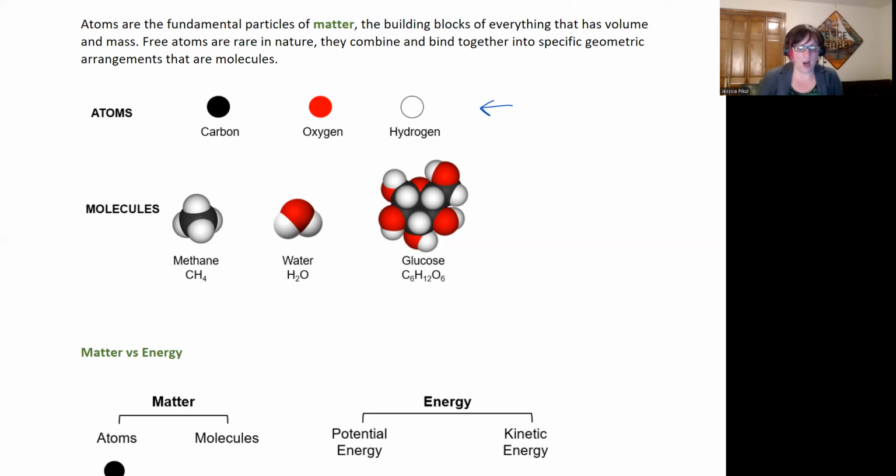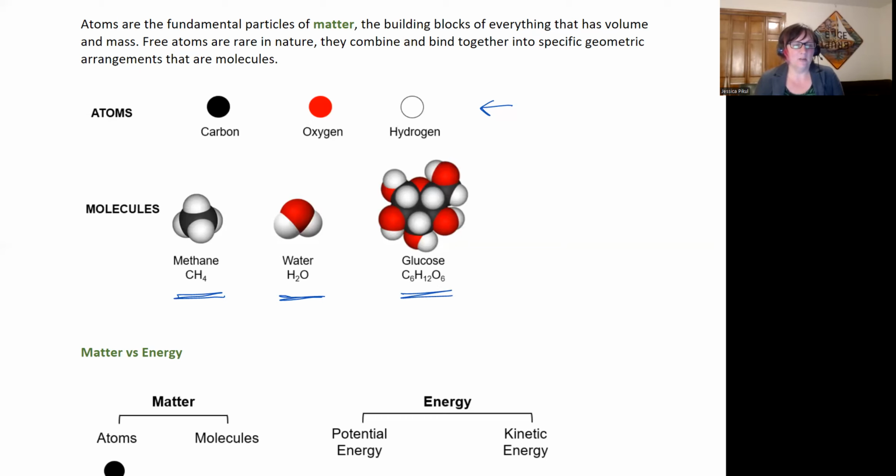So we can have carbon and hydrogen combined and make methane, which is a gas that we can harness and burn for energy. Or we can have oxygen and hydrogen combined, and that makes water, which is essential for life. And we can have all three of these atoms combined together in lots of different ways. One of them could be glucose, which is another essential part of us being alive.